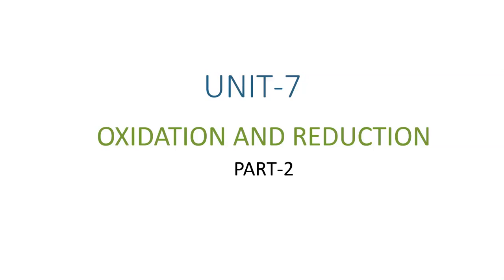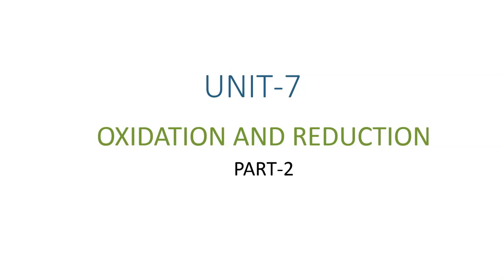Dear students, in previous class we learned two ways of defining oxidation and reduction reactions. Let me recall once. Oxidation is gain of oxygen or loss of electrons, and its reverse is reduction. That means reduction is loss of oxygen or gain of electrons.